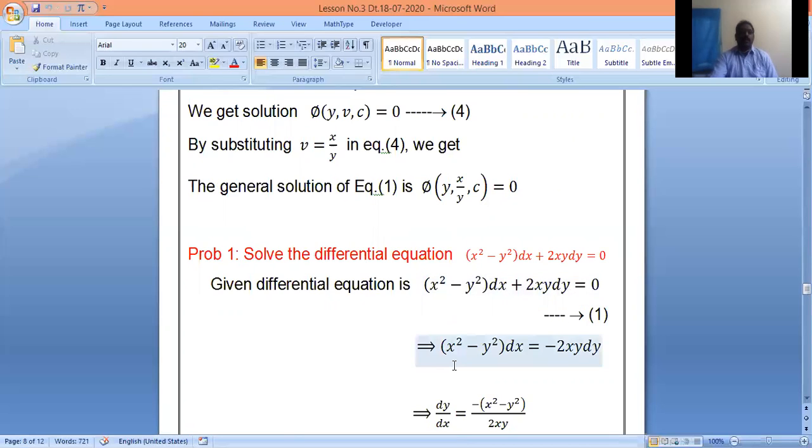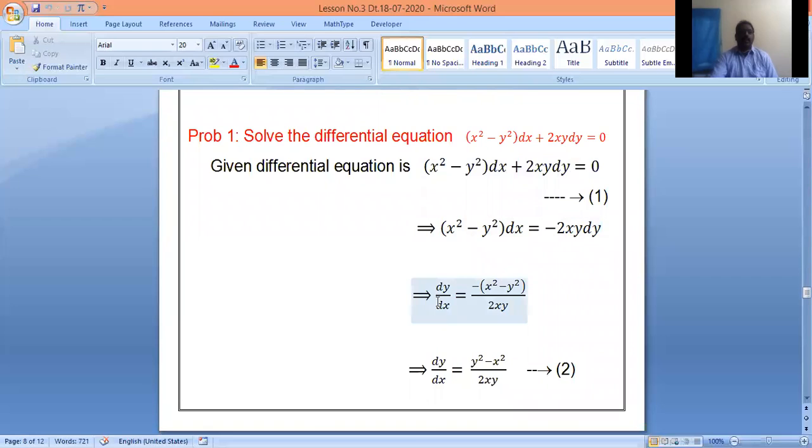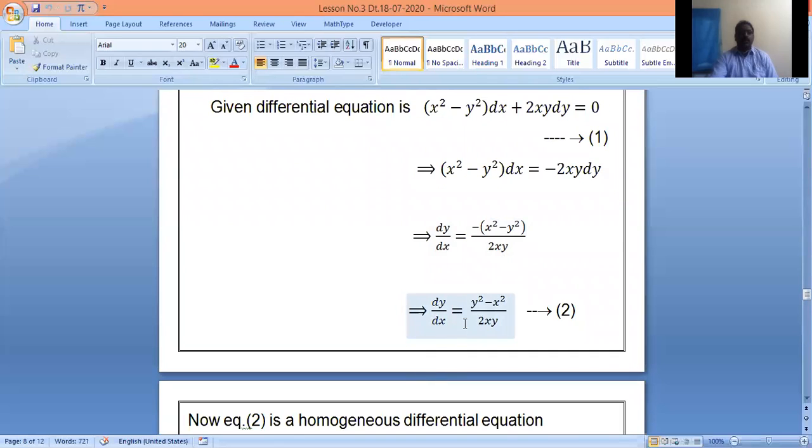That implies x square minus y square into dx is equal to minus of 2xy dy. That implies dy by dx is equal to minus of x square minus y square by 2xy. That implies dy by dx is equal to y square minus x square by 2xy. Let this equation be 2.